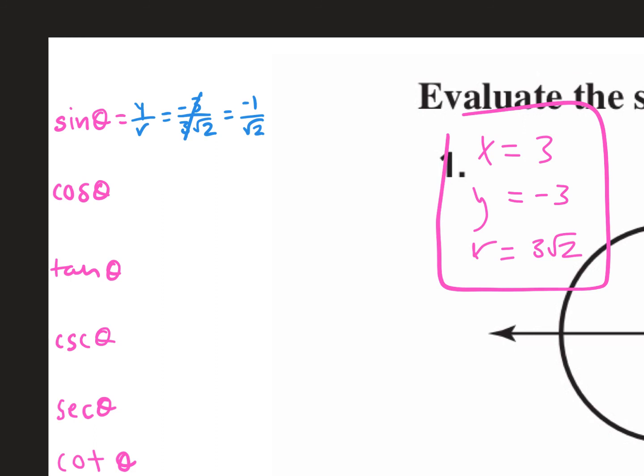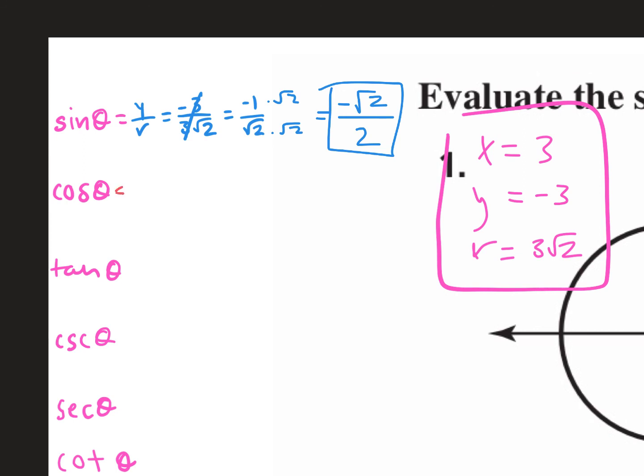Awesome. Multiply the top and the bottom by square root 2. So we get negative square root 2 on the top, and what's on the bottom? 2. So that's our answer. So sometimes when working with square roots, it's a little bit more work, but definitely doable, not impossible.